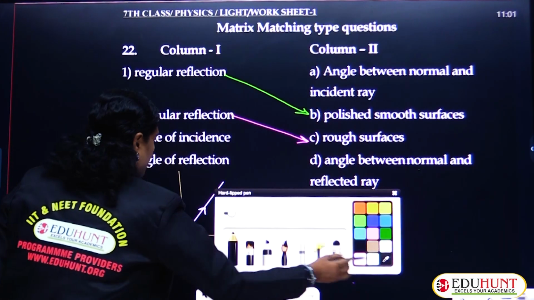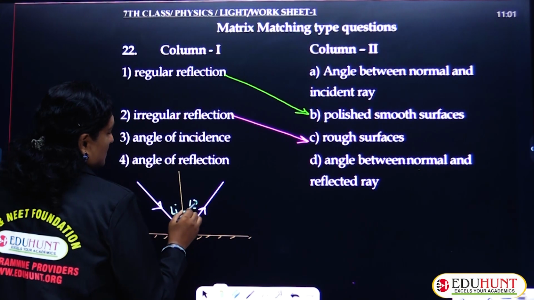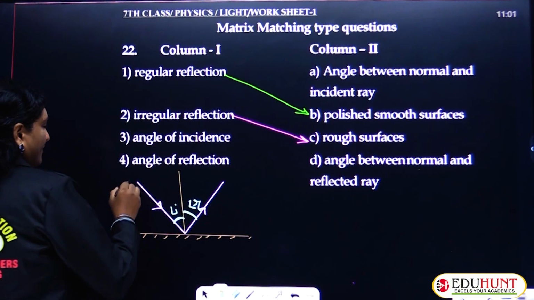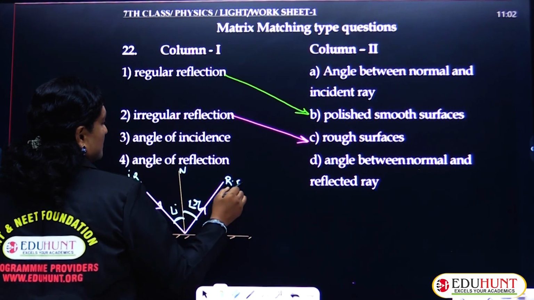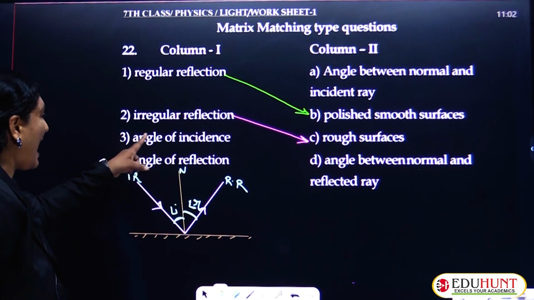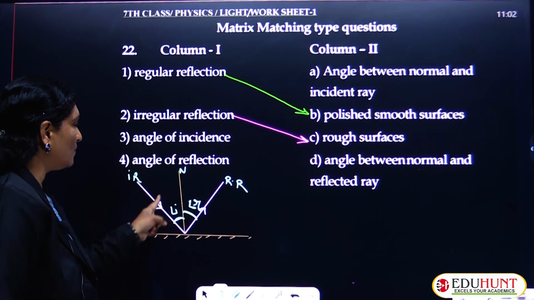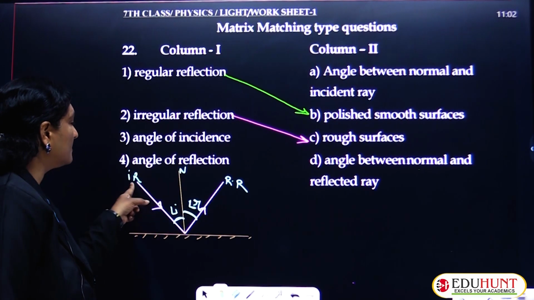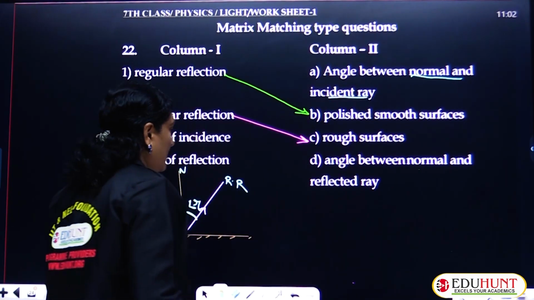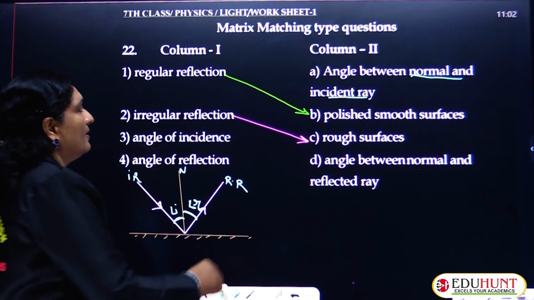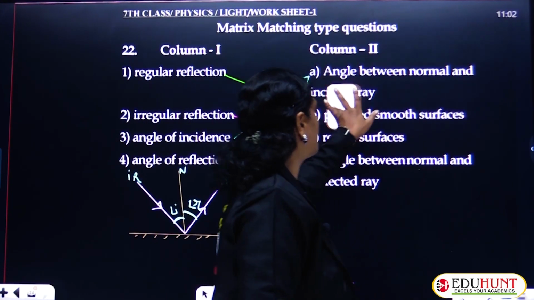So this portion is called your angle of incidence and this portion is termed your angle of reflection. This is the incident ray, this is the normal drawn to the surface and here is your reflected ray. The angle between the normal and the incident ray is called the angle of incidence. So for option number 3, A must be true.